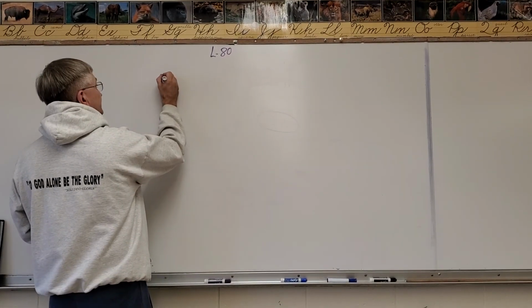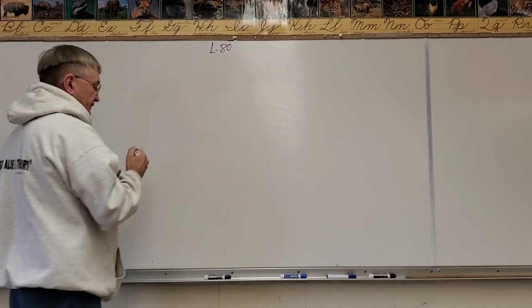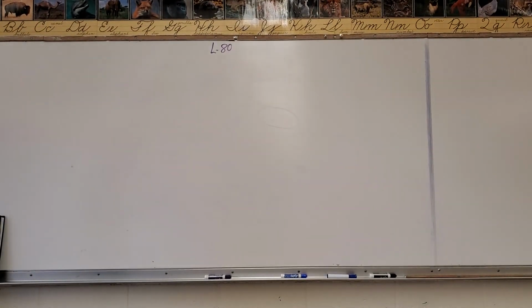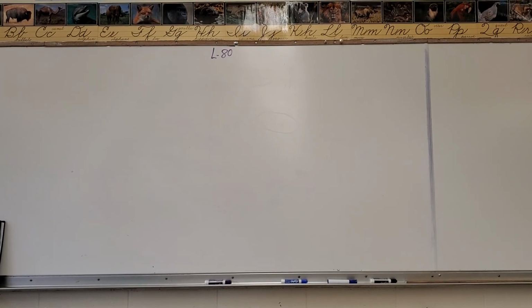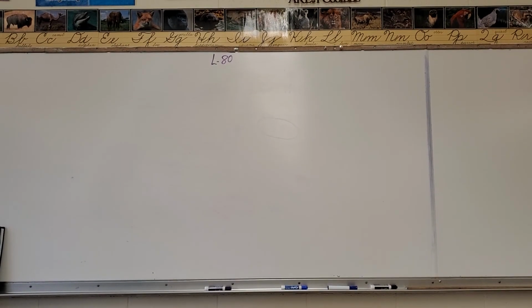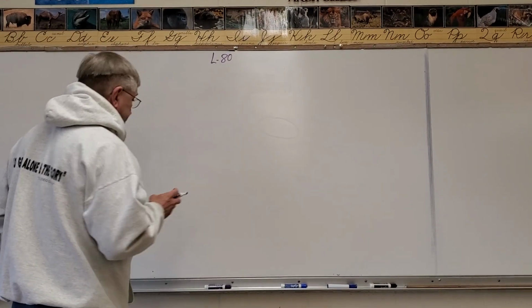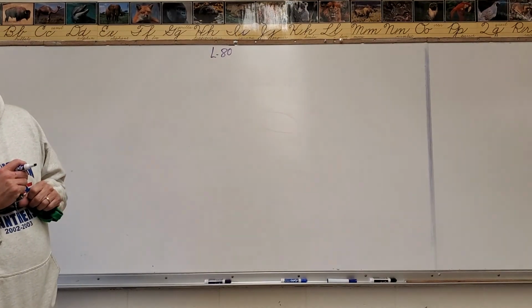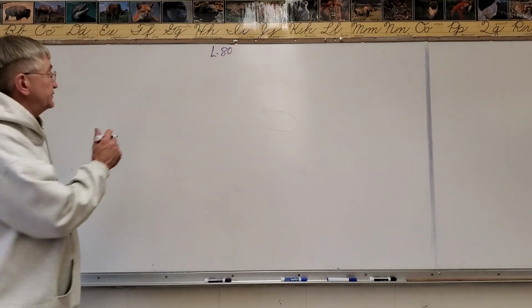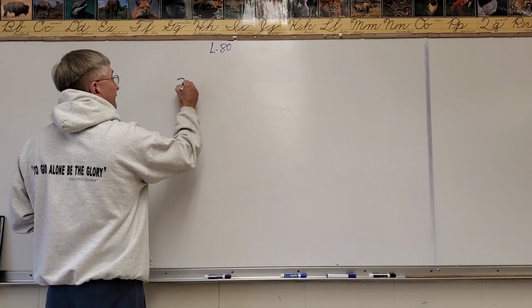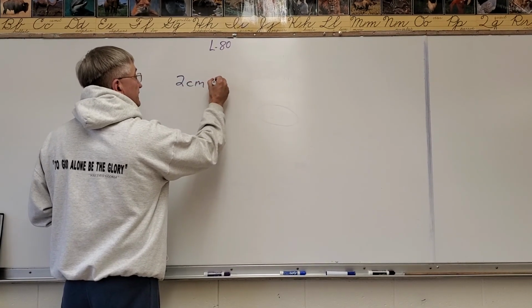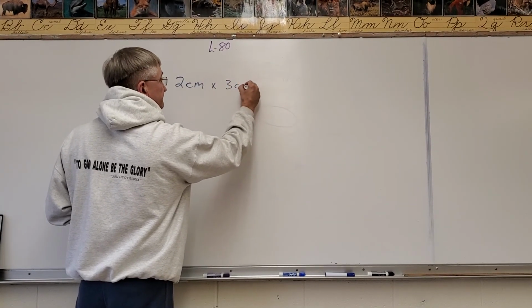Let's grab one off the book that the book gives. The one they give in the book is at the bottom of page 389. It says 2 centimeters times 3 centimeters.